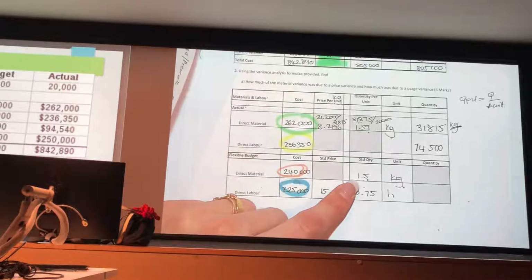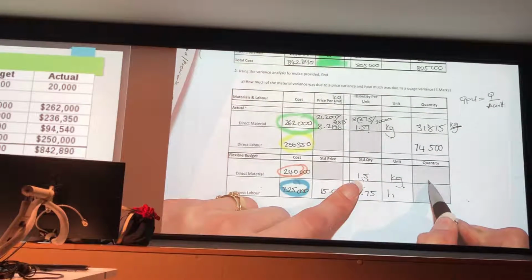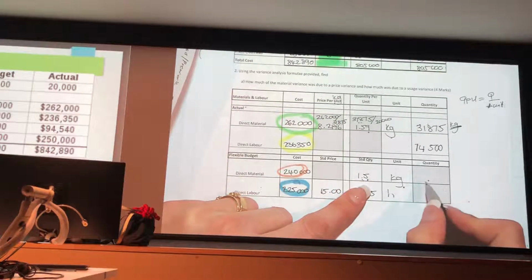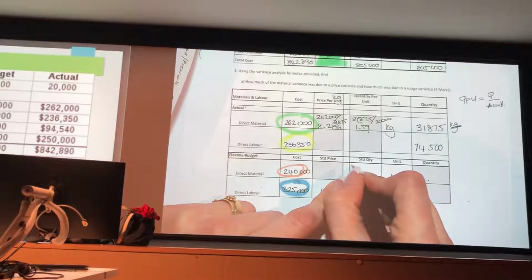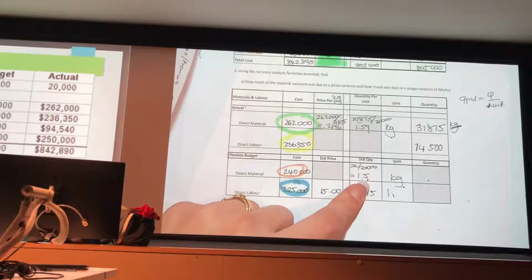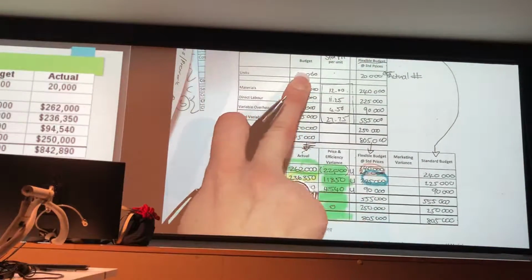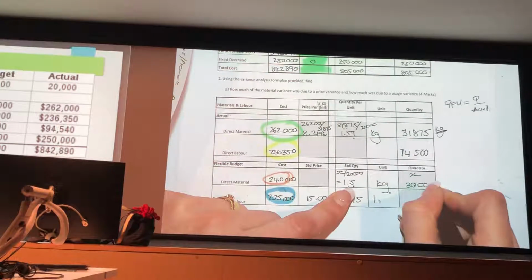In reverse, if this one is that one divided by 20,000, then quantity would be the opposite. X divided by 20,000 gave me 1.5, and if this is X, then how much is that? 20,000, which is our number of units, times 1.5 gives us 30,000.